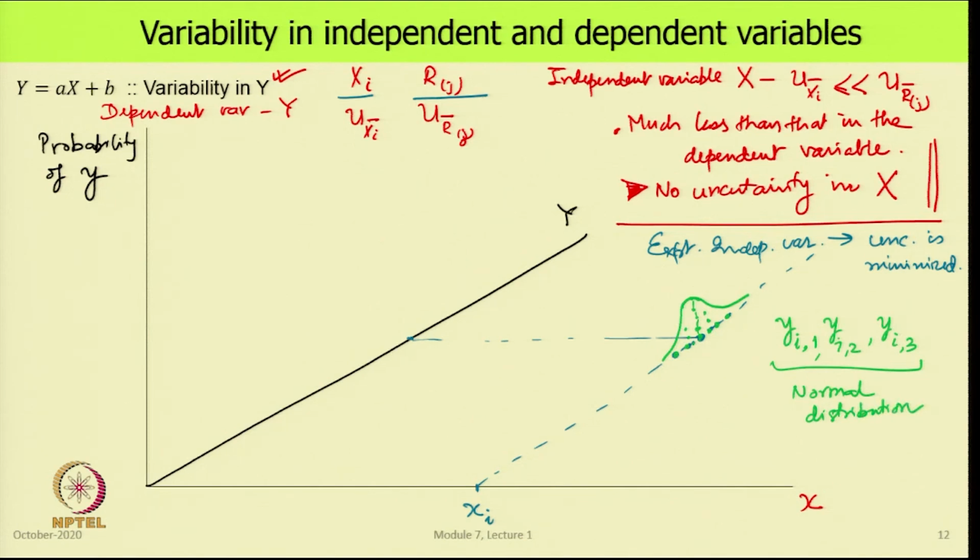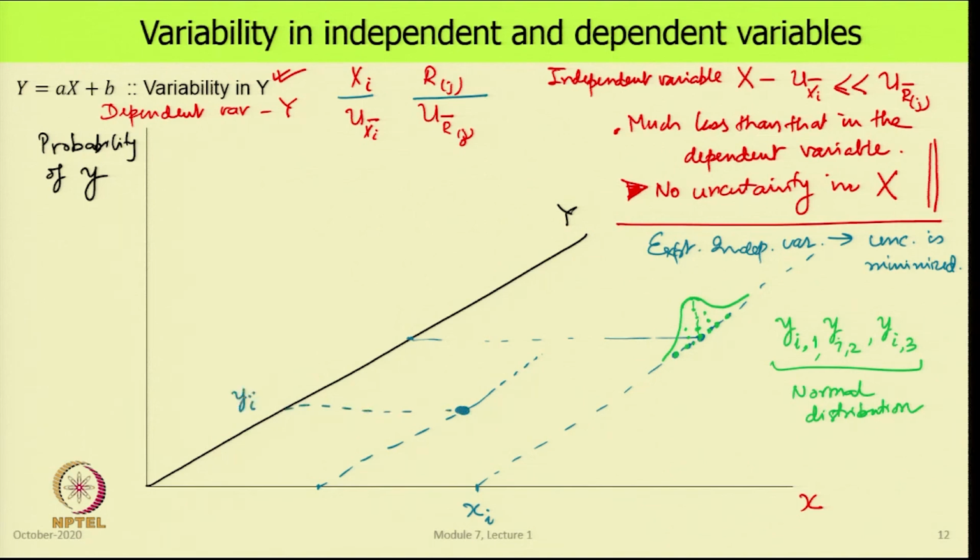So, this is what we are getting. And the same thing if you have to look at any other value of x, say we could have taken this value here and we could have got this value of y.